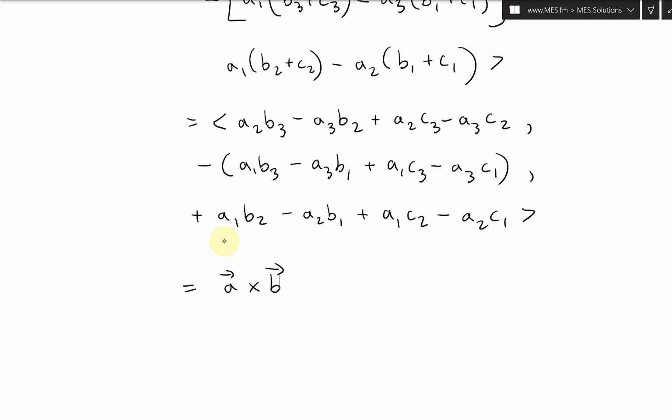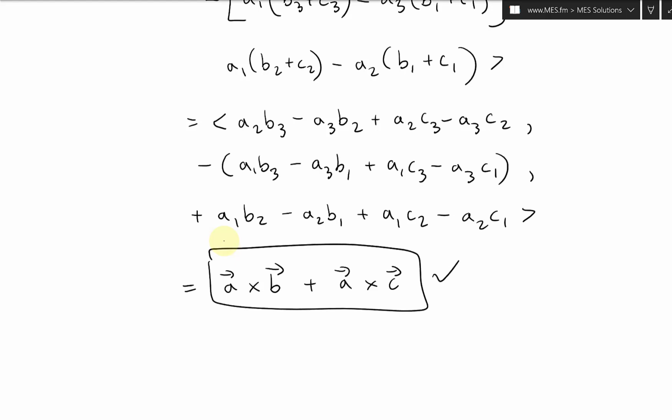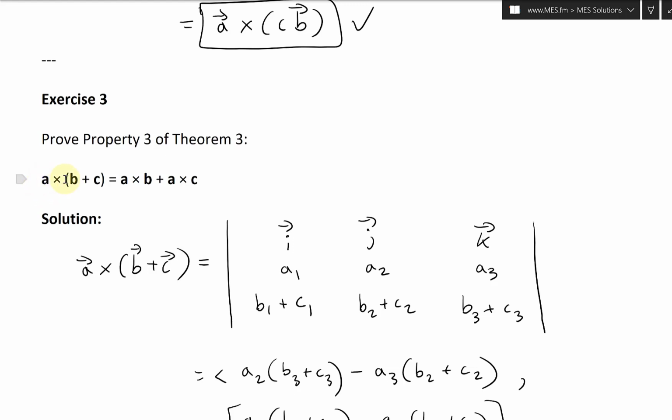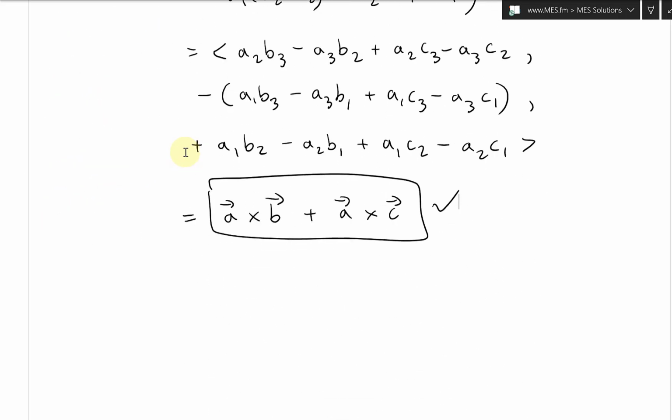And then all we're doing is adding on every single one here: A2 C3 minus A3 C2, A1 C3 minus A3 C1, and A1 C2 minus A2 C1. In other words, we're adding A cross C. So this is exactly what we were asked to prove. You could just FOIL this out, so multiply or expand this out: A cross (B plus C) is equal to A cross B plus A cross C.